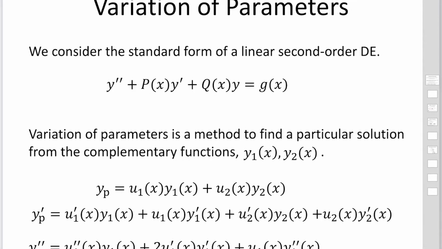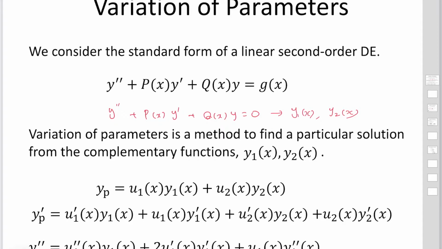To find the particular solution, at first we need to find the solutions of the associated homogeneous differential equation, y double prime plus p(x) y prime plus q(x) y equals 0. We find the solutions of the homogeneous differential equation, y sub 1(x) and y sub 2(x).